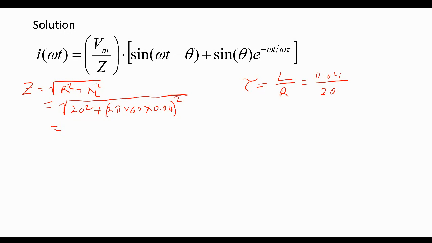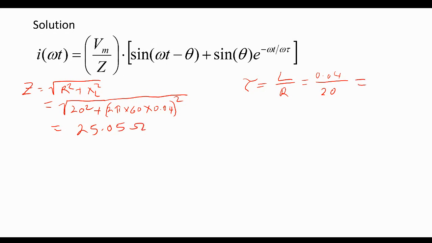Yes, sir, the impedance is 25.047. All right, let's just have it as 25 ohms.